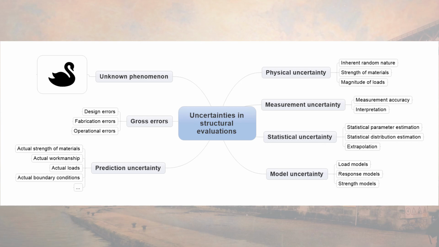Physical uncertainties are related to the inherent random nature, such as the variation in steel yield strength, the variability of wind loading, the variability of actual floor loading, and the physical dimensions of a structural component. We can gather more data and measurements about the structures, but these measurements are also associated with uncertainty, either due to the accuracy of the instruments, or our ability to interpret the readings from the instruments.